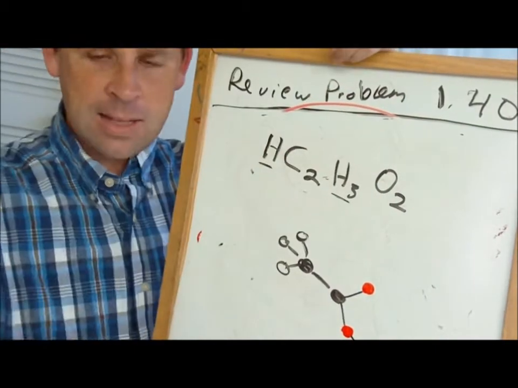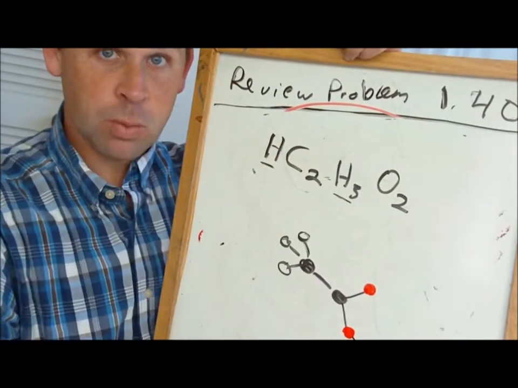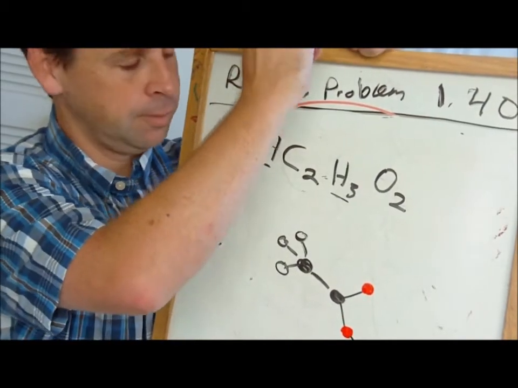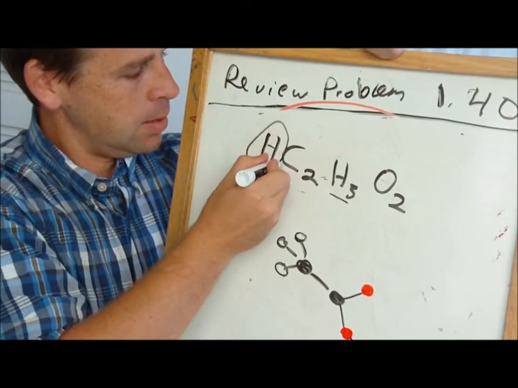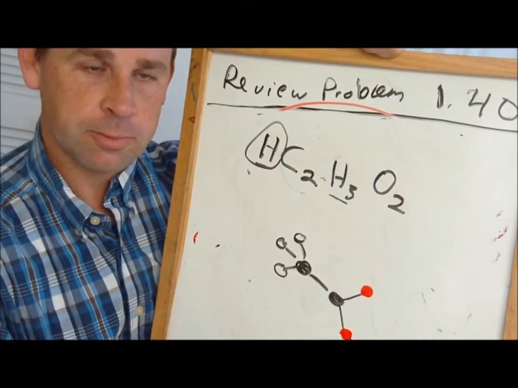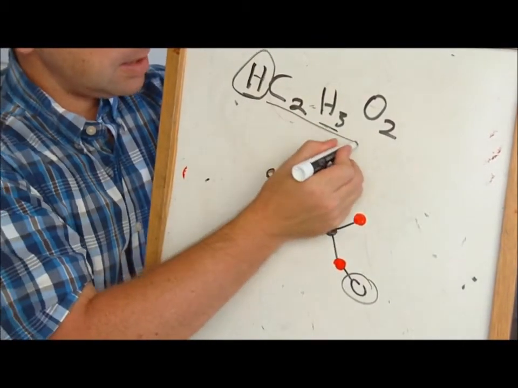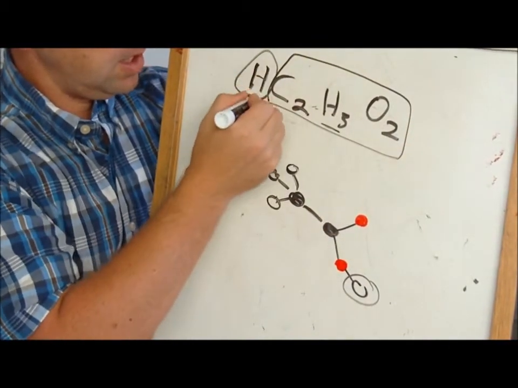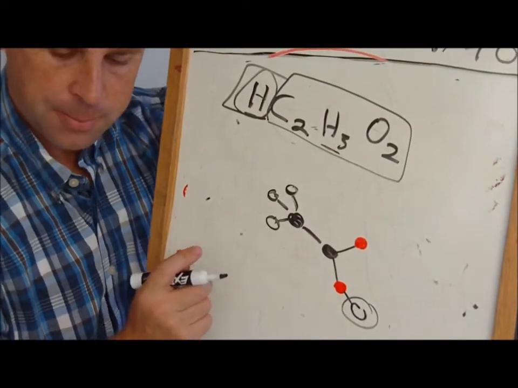And in acetic acid, an acid is a compound that when placed into water, a hydrogen comes off. And so this is written in a way to remind us that this is an acid. There's that hydrogen ready to come off, and it's this one. So this is acetic acid. All right? This is the acetate ion, and it's connected to an H plus ion there.